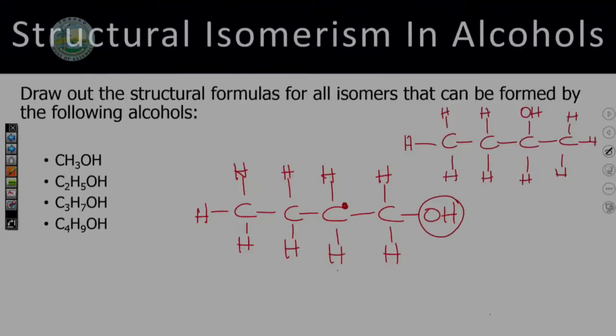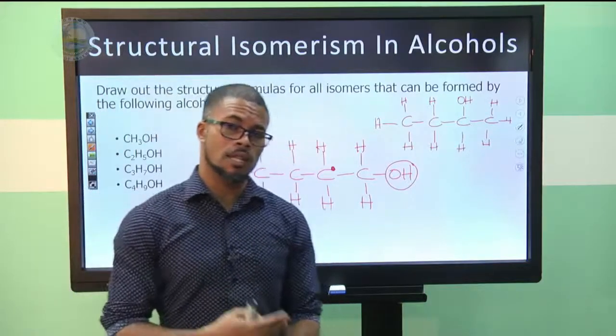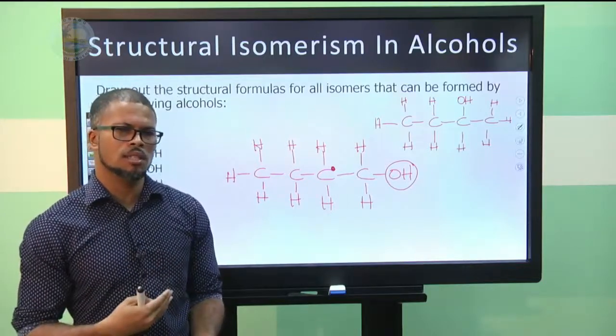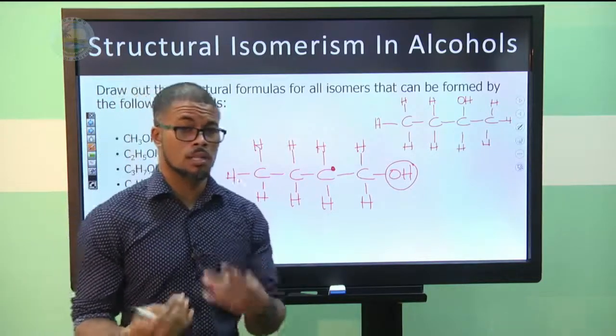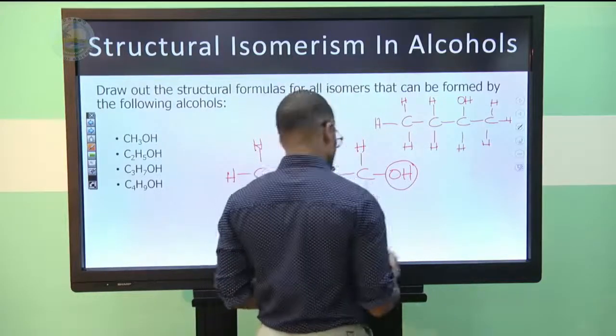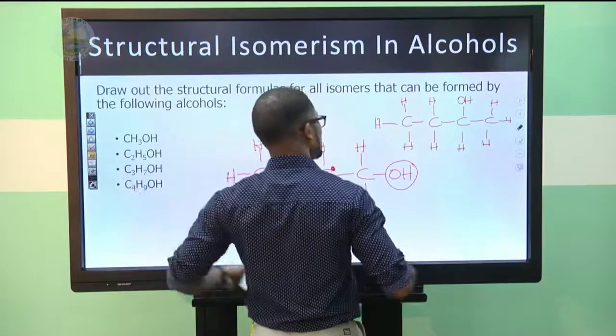All right, so let's see if we move the functional group down again. If we move that functional group from that second carbon we placed it at, and we add it on the adjacent carbon, what is going to happen? Let's check and see. Are we going to have the same compound? I can hear some of you all saying, yes, sir, we are going to have the same compound.